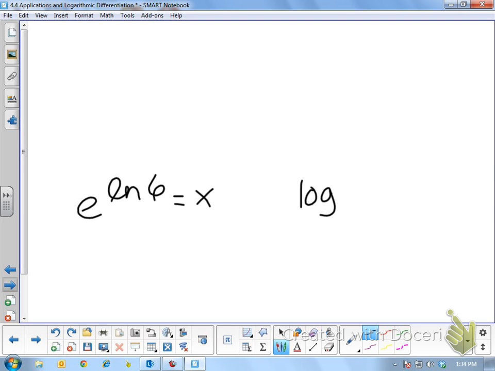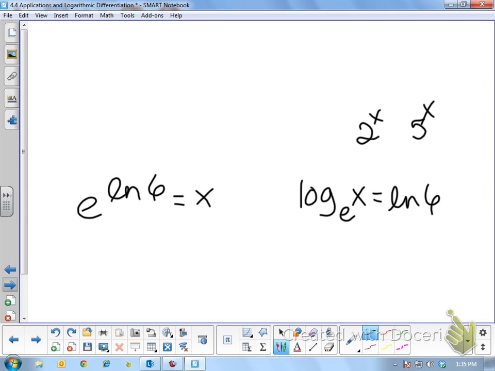When we think of exponential functions, what is the base of an exponential function? E. If we have like 2 to the x, 2 is the base. If I have 5 to the x, 5 is the base. It's the number, not the coefficient. So base e of x equals this exponent, ln 6.